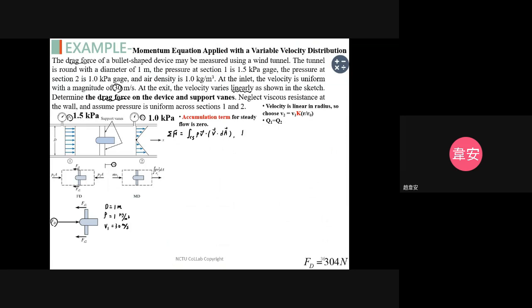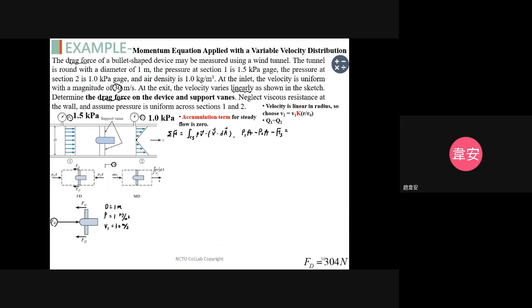We have the pressure force, P1 multiplied by the area, minus P2 multiplied by the area here, and we have the support force Fs, with the direction to the left, so we minus the support force. This is the force balance along the x direction, which is equal to the momentum flow.